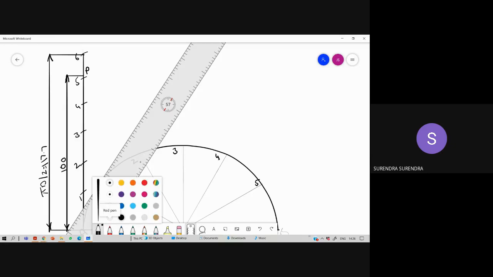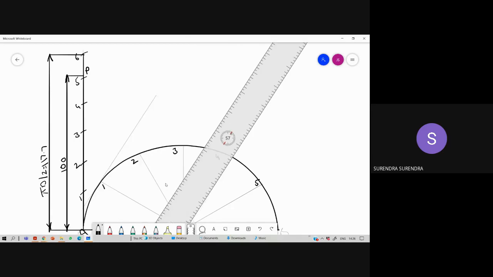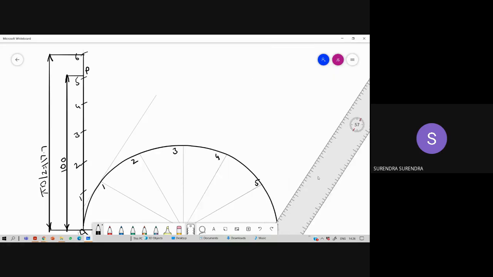Again, as it is a construction process, I'm using 2H. So draw the tangents, but this time draw the tangent extended on both the sides. Extended on both the sides. So why I'm showing?